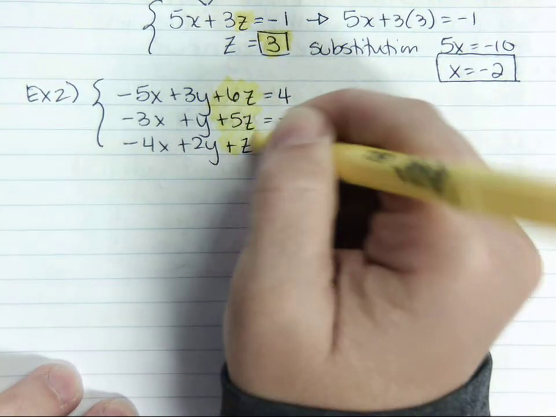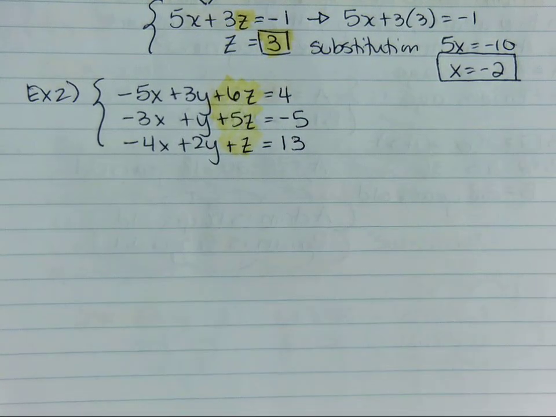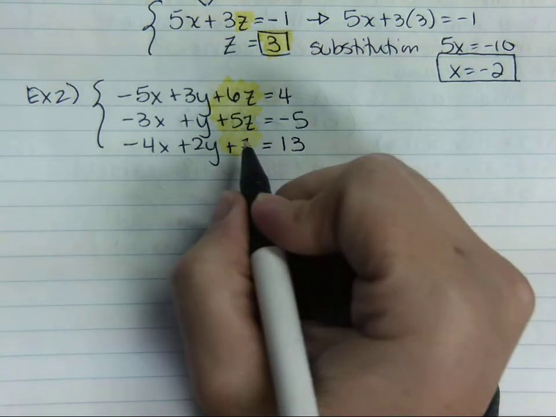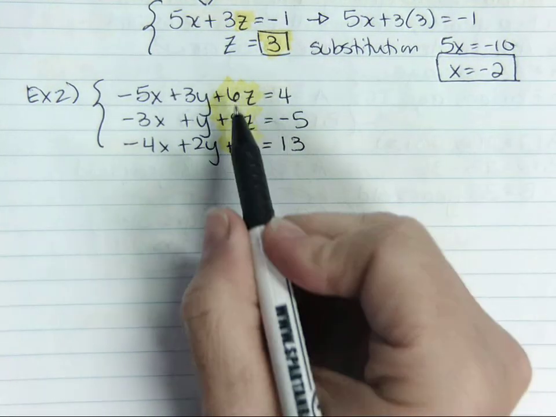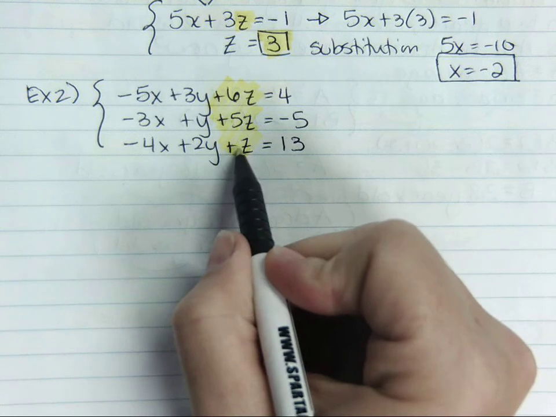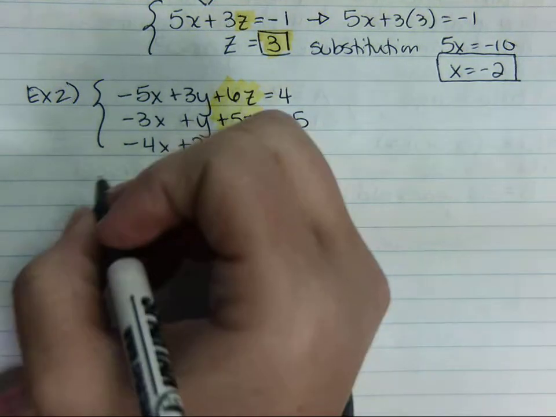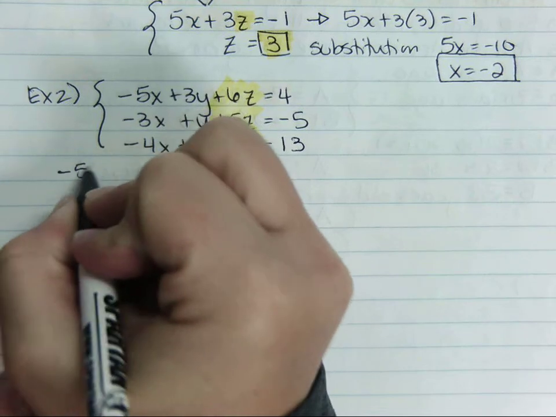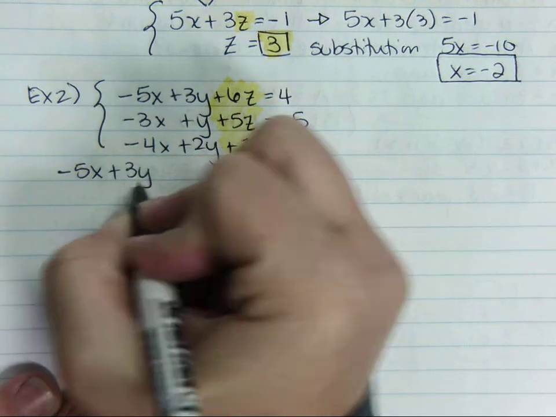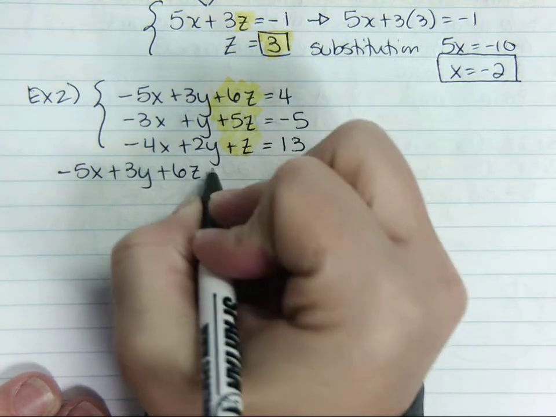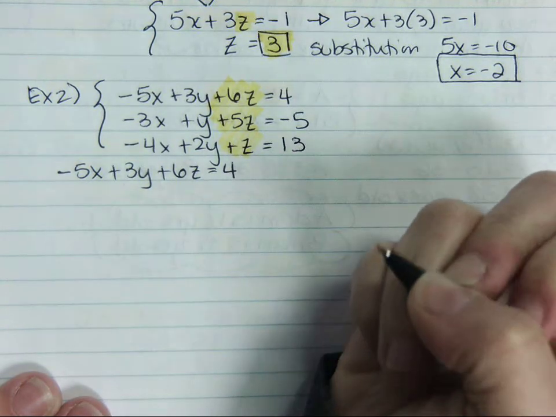And the reason I'm going to choose that is because z has a coefficient of 1 in front. And so when I split up the first and the second equations, this third one is going to be able to be used for both and be changed. So again, -5x plus 3y plus 6z equals 4.